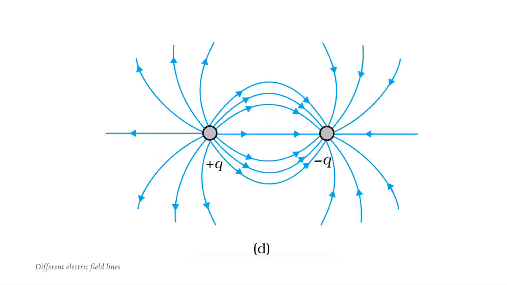Now here is an example of unlike charges, plus q and minus q. Since two unlike charges attract each other, the electric field lines move from the positive charge q outwards towards the negative charge minus q, and finally go inside the charge minus q inwards. In this way we can explain why two unlike charges attract each other.